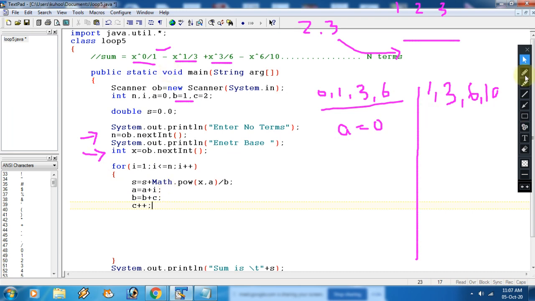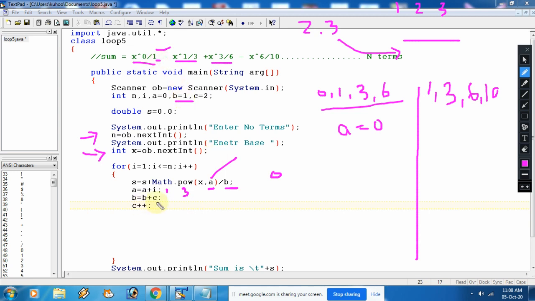So I hope we have got the numerator as well as the denominator. Now see, so first time a is coming here 0, next time 0 plus 1, 1, next time i would be 2, so 1 plus 2, that is 3. So this part is coming. Now just focus on the b part, that is your denominator part. b was 1 initially, and here also is 1.